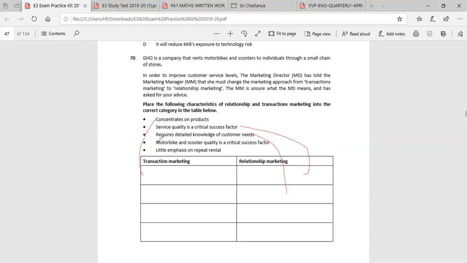Fourth one, motorbike and scooter are products, so that comes under transaction marketing. The last one, little emphasis on repeat rental, transaction marketing.